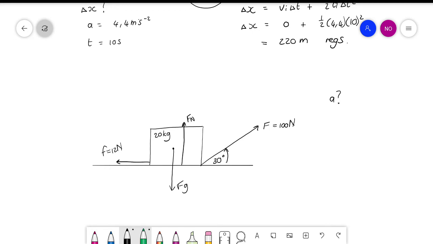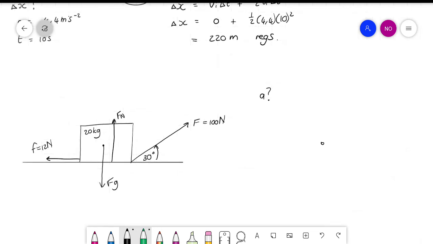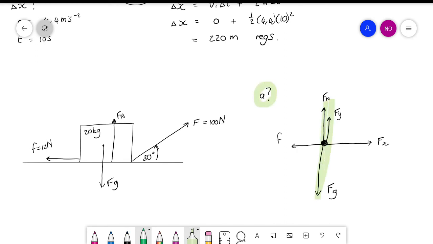Okay. Net vir die volledigheidsonthalwe gaan ek gou die vryliggaamdiagram teken. Okay. Goed. Om nou vir a uit te werk, gaan ek glad nie omgee oor hierdie ene nie.